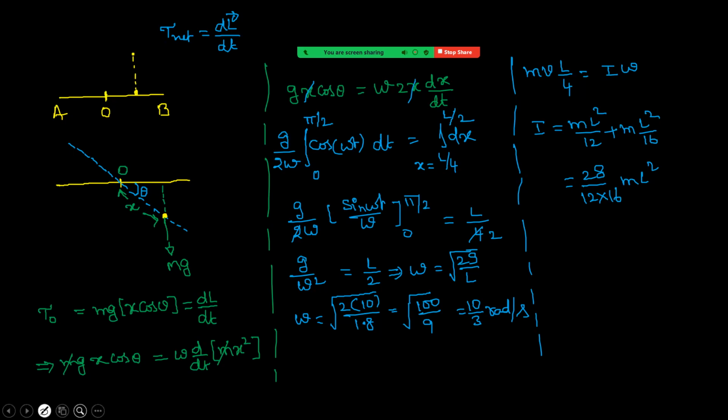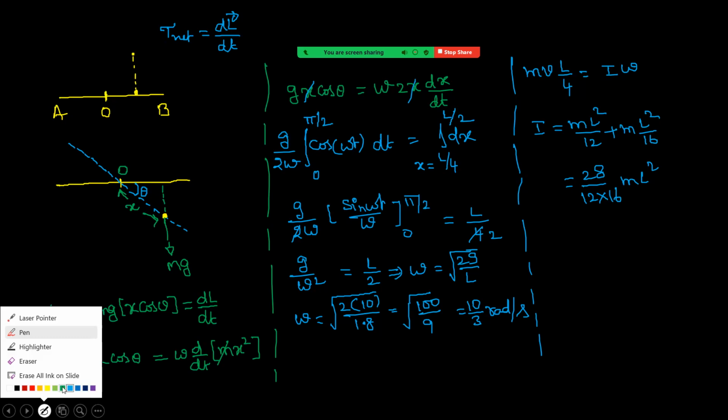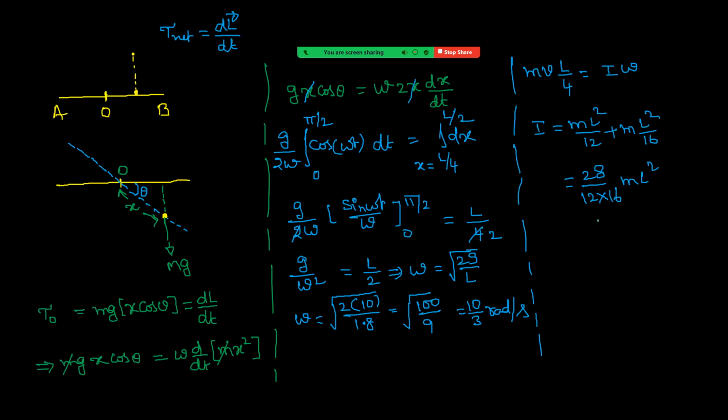See the calculation part. 4 7 times and here 4 times. Substitute that here, and here you can substitute omega, 10 by 3. Okay, so m v L by 4 is equal to 7 by 4 m L square, that is the I value, and for omega we substitute 10 by 3.